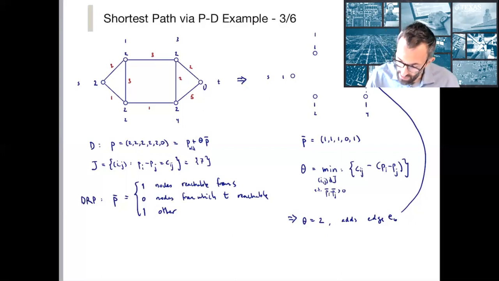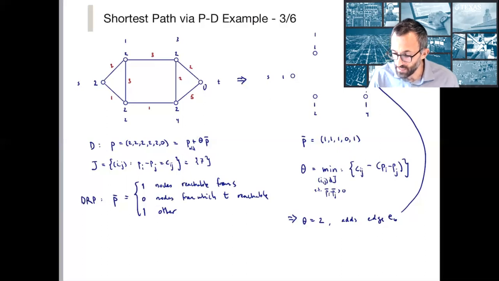And we've added this edge here. It's easy to come up with p bar. It's just a reachability problem. I get to assign 1 to s and 1 to everything, 1 to these 4, but I have to assign 0 to the third node. That is this 0 here. Why?